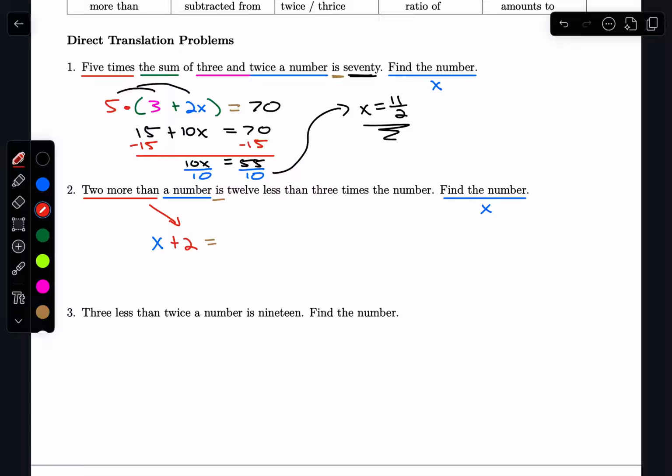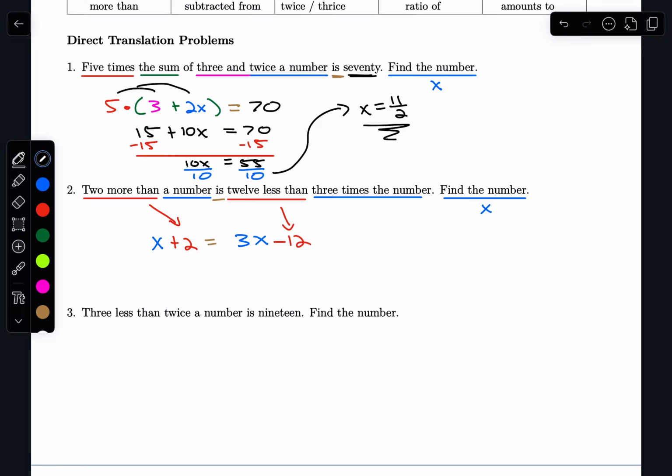So just like 2 more than meant to add 2 in the back, 12 less than, very similarly, means to subtract 12 in the back. But what am I subtracting 12 from? Well, it says 3 times the number. So I'm going to put 3 multiplied by my number, which is x. So 2 more than a number is x plus 2. And 12 less than 3 times the number is 3x minus 12.